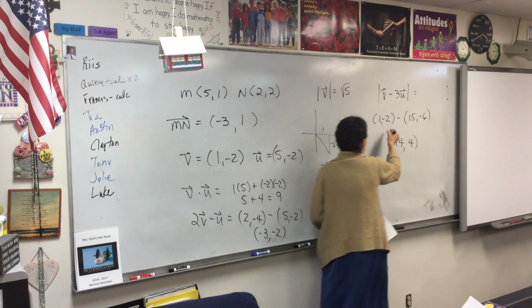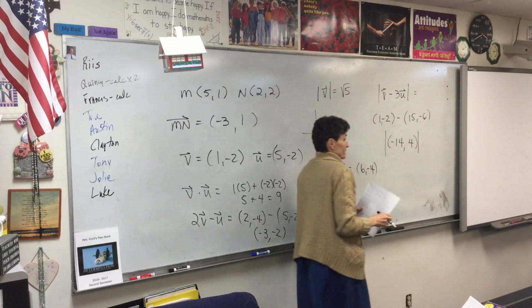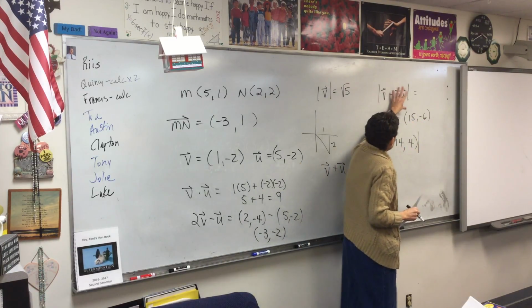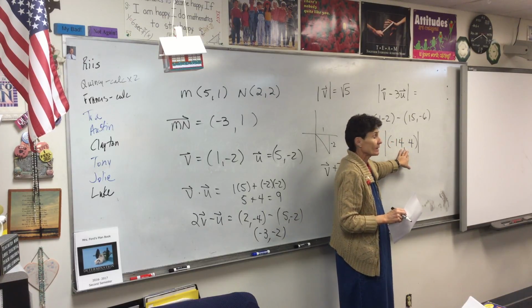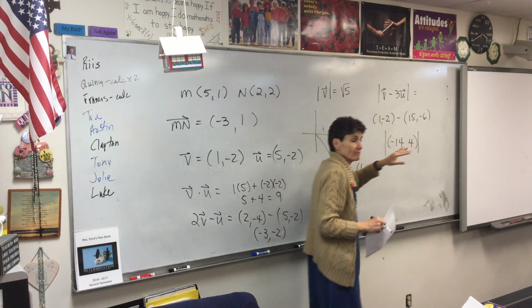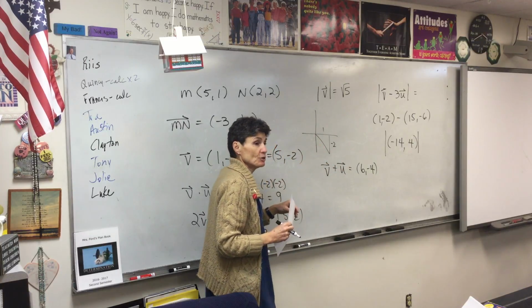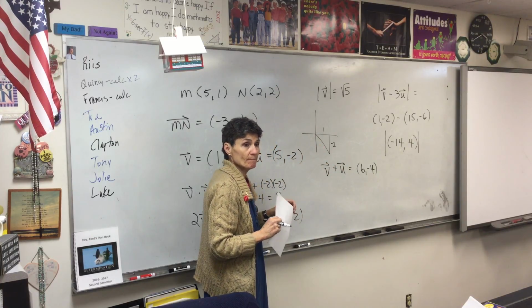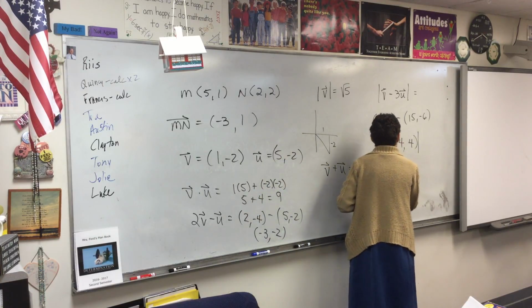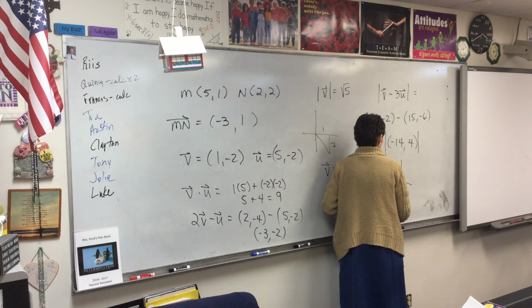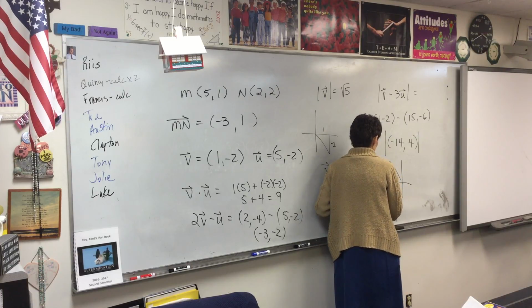And then we need the magnitude of it. So first we figured out what all this stuff was on the inside, and it came out to be negative 14, 4. Now we need the magnitude of that. Magnitude, remember, is Pythagorean theorem, right? So negative 14, 4, 16 and 196.